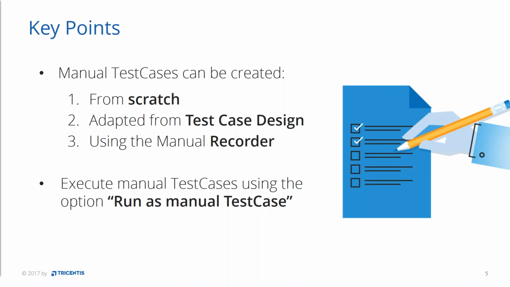You would just have to adapt it to make sure that it reflects the application. And you can also create manual test cases using the manual test case recorder. And remember that to execute manual test cases in the execution section, you should use the Run as Manual Test Case option.